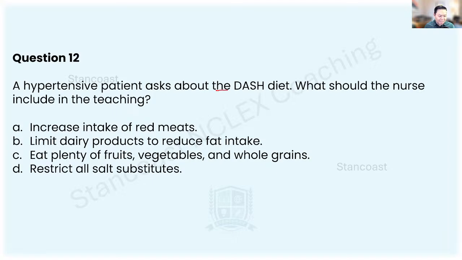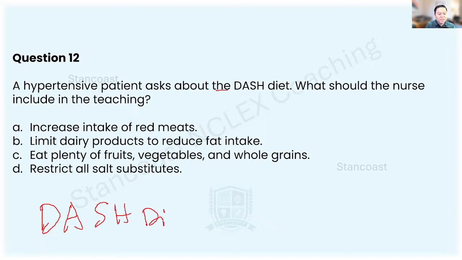Yeah, it's not quite common in some other countries, but DASH diet is very popular in the US. So we need to know what this is. So the DASH diet is basically diet. It stands for dash. Ooh, my brain and hands, for some reason today, are not talking. I probably am having a stroke right now. Just kidding.